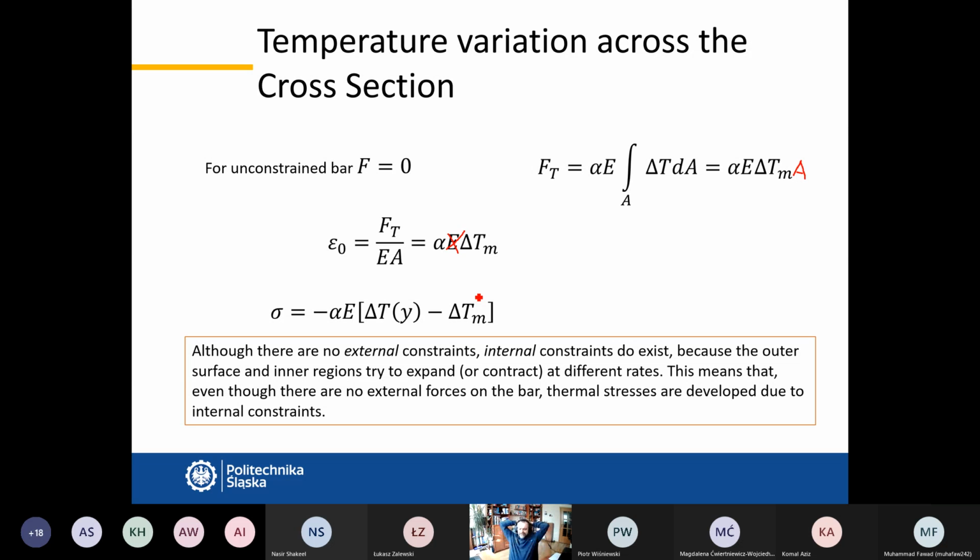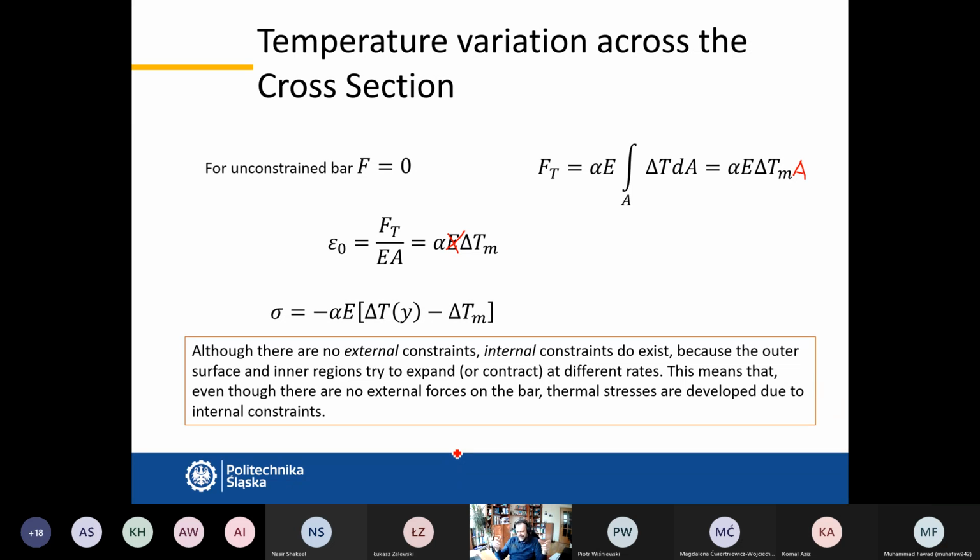This is exactly the case that such a thing can occur if a temperature distribution is observed in the material. So there is no uniform temperature, rather there is an uneven distribution of stresses across the section, and some parts deform in a different way than the other parts. Of course, this is the case when we have a symmetric temperature distribution with respect to the central line, the centroid.